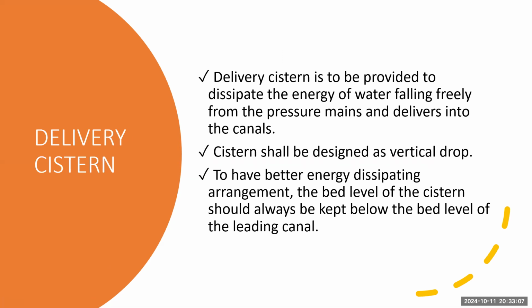At the base of this delivery point, the delivery system is provided so as to dissipate the energy of water falling freely from the pressure main, and then that water goes to the canals. This delivery system shall be designed as a vertical drop weir type structure, as we discussed in yesterday's lecture.